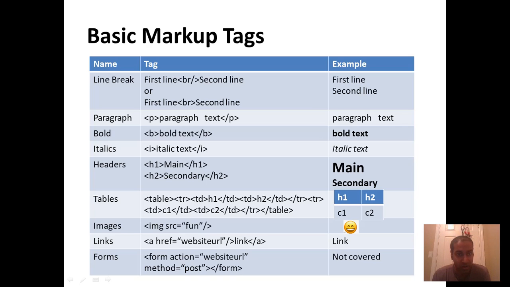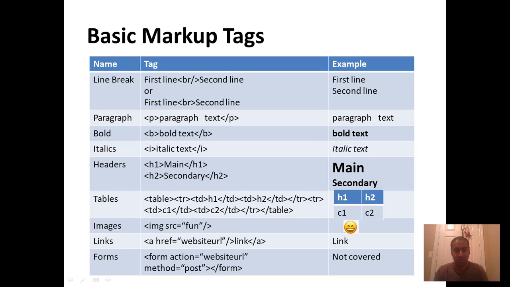The next tag we will look at is the paragraph tag. The paragraph tag often is used to define paragraphs in HTML. It has an angled bracket, P, closing angle bracket, and the text you would like to have as a paragraph, and then an angle bracket, a slash, a P, and a closing angle bracket.